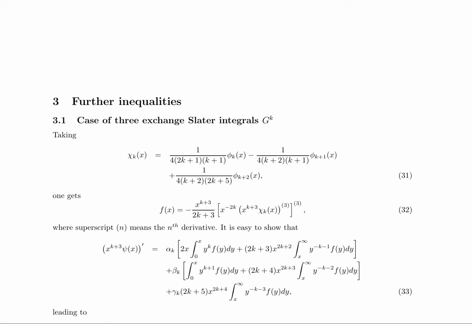In the context of three exchange-Slater integrals G^k, a novel function χ_k(x) is introduced, defined as a combination of φ_k(x), φ_{k+1}(x), and φ_{k+2}(x) with specific coefficients. This leads to the definition of another function f(x), expressed in terms of χ_k(x) and its derivatives.